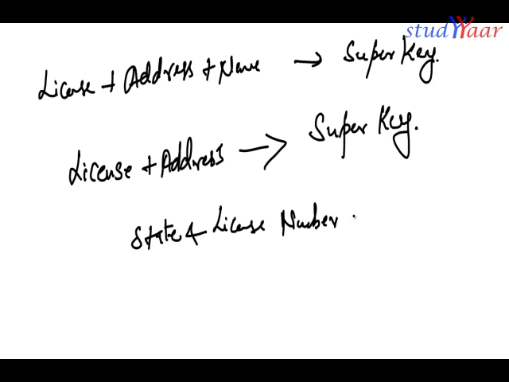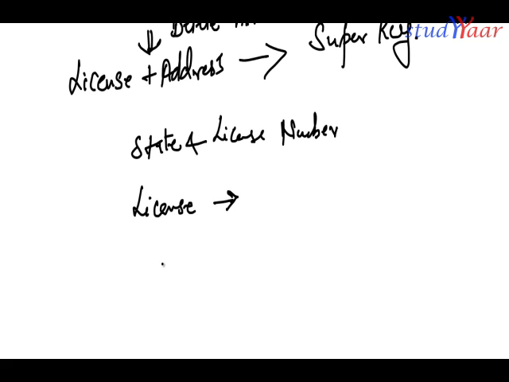So this is a super key. Can I still delete some attribute from this and get a super key? Would just the license number give me the information to identify a person? No, there can be two license numbers in two different states for the same person. Does just the address help me find a person? Obviously not. There can be 10 persons living under the same address, under the same roof.